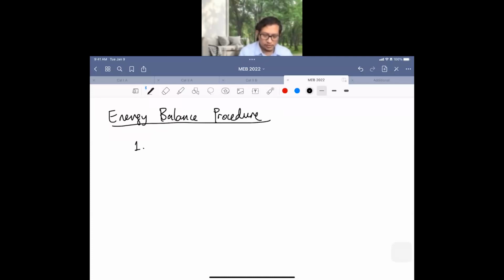First is, of course, material balance calculations. It means that you need to know the mass or the mass flow for each stream, and then you need to make an equality between the input and output as usual.